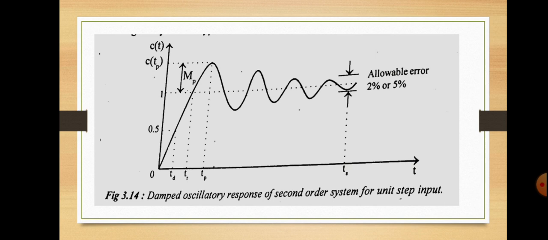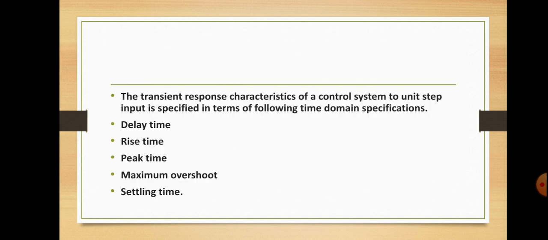That means its oscillatory nature is reduced at the settling time, and the allowable error is 2% to 5%. That means we cannot completely eliminate the error, so there will not be an exact value at Ts. There will be some error at Ts.